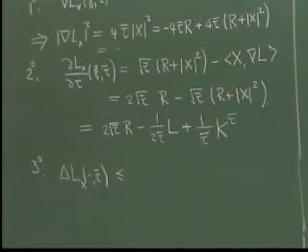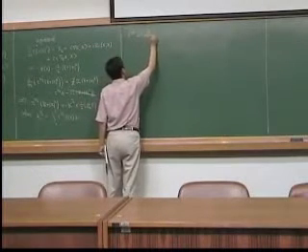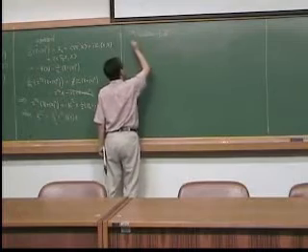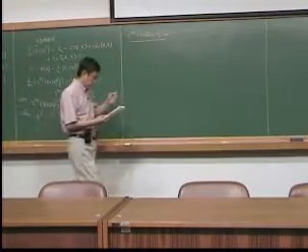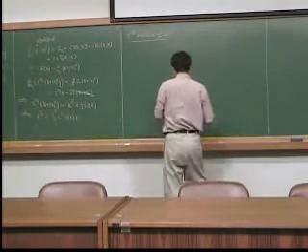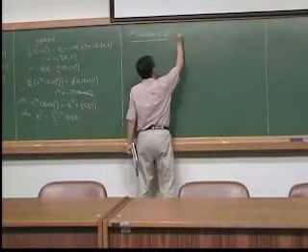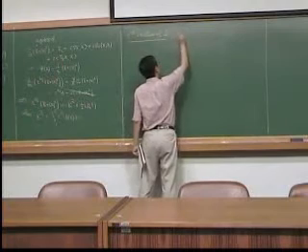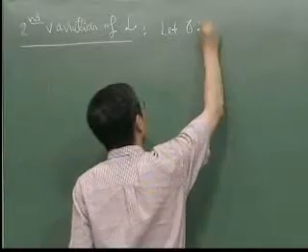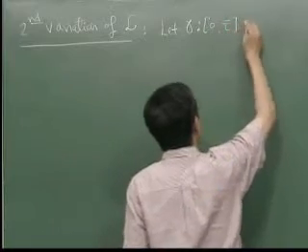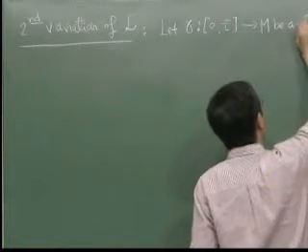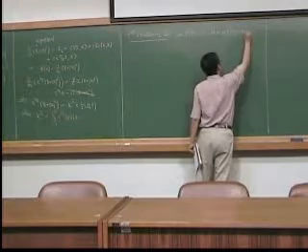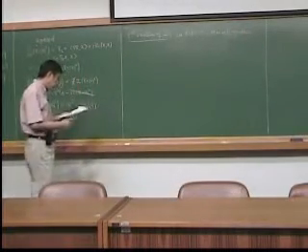So second variation. So fix the gamma from 0 to tau bar to be an L geodesic.